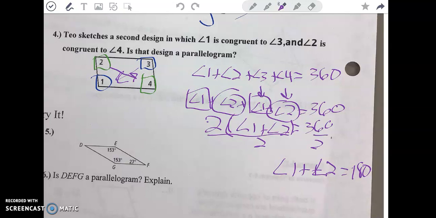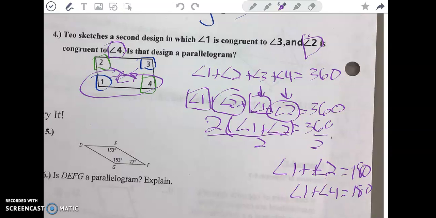So now, from up above, it says angle 2 is the same as angle 4. Let's replace that and say angle 1 plus angle 4 is equal to 180. Well, that's a consecutive pair, and we talked about consecutive angles being supplementary. Yes, consecutive angles are supplementary.